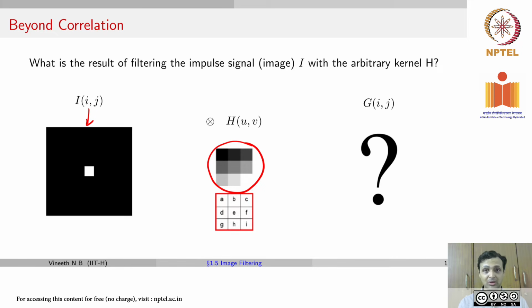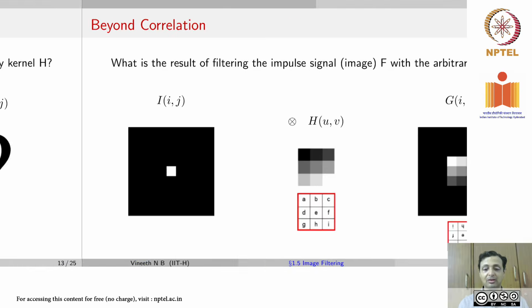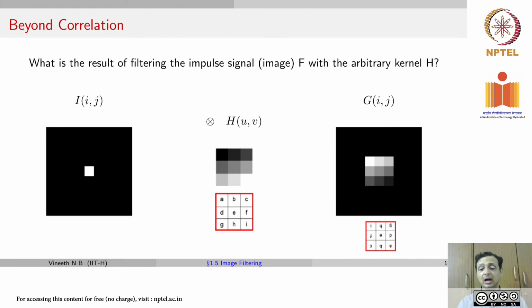You can work this out a bit carefully by yourself, but you'll find that the answer would be something like this. You would have an output image where the output is completely flipped. You would have the bottom right value going to the top left and the top left value going to the bottom right.